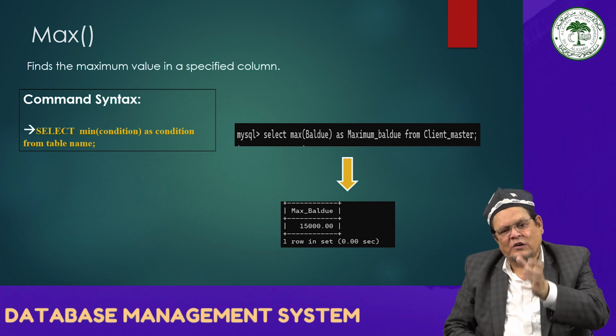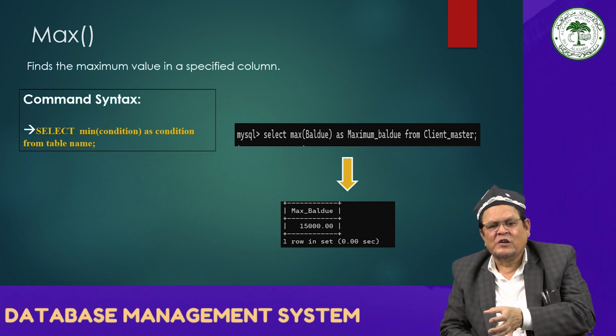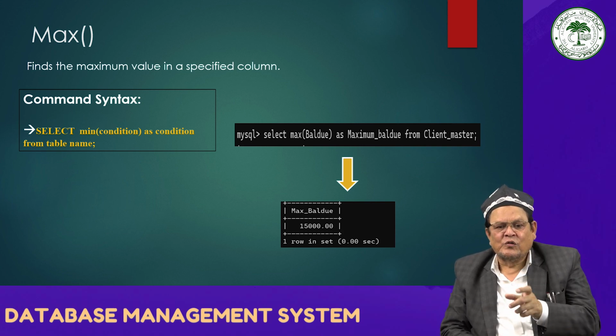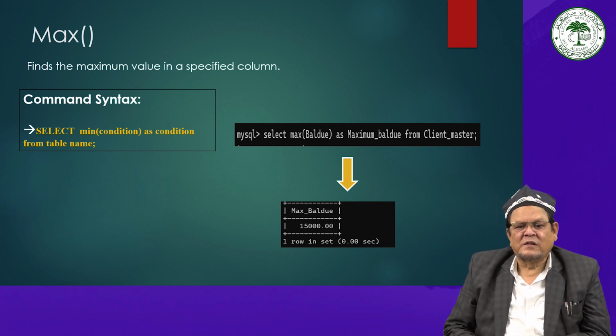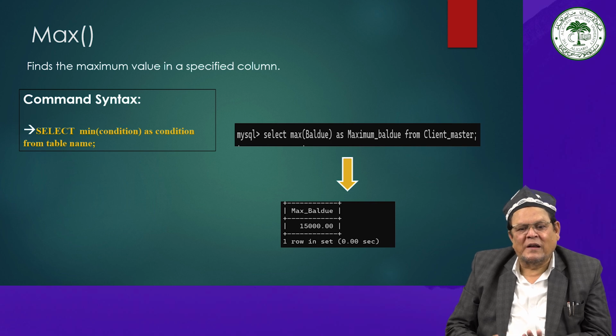In the balance due attribute, there is one column. It means it wants the maximum value. You write select max balance due as maximum balance due from client master. So it will show the maximum balance due is 15,000.